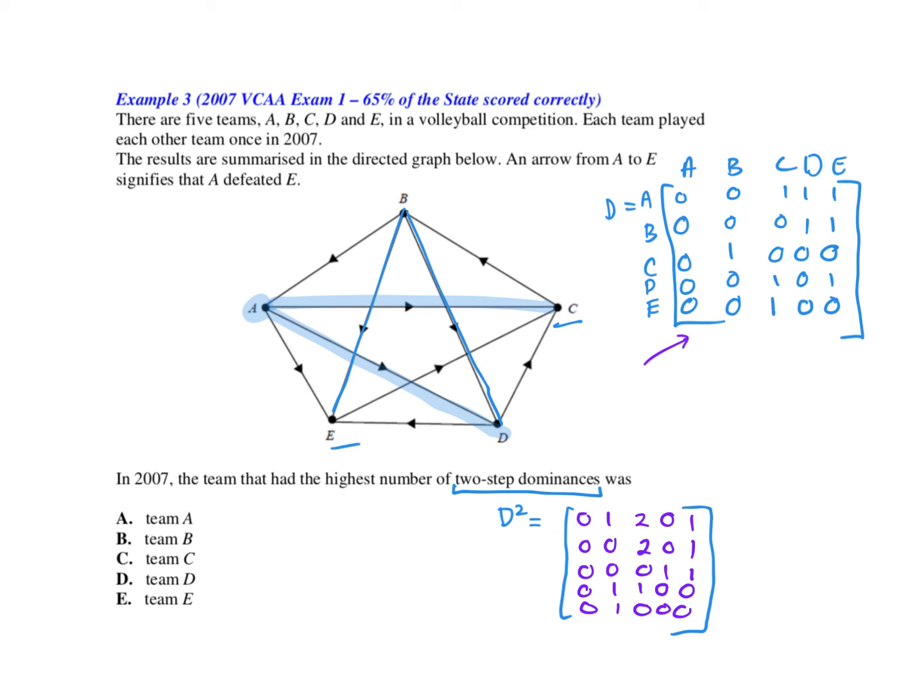Now they only want 2 steps, so I'm going to add up these rows, just the D squared. So this one is 4, this one is 3, this one is 2, this one is 2, and this one is 1. So the winner, the highest 2-step dominance, is Team A.